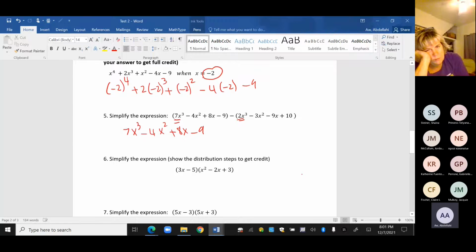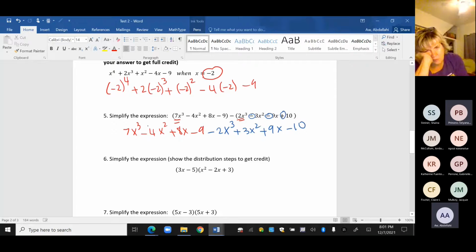What will the negative sign in front of the parentheses do to the signs inside? It's going to change them, from negative to positive, positive to negative. So it's going to be negative 2x cubed, right? This one was minus, becomes plus 3x squared. This one minus becomes a plus 9x. And since the plus becomes a minus, 10.